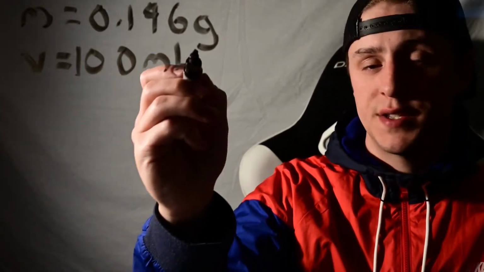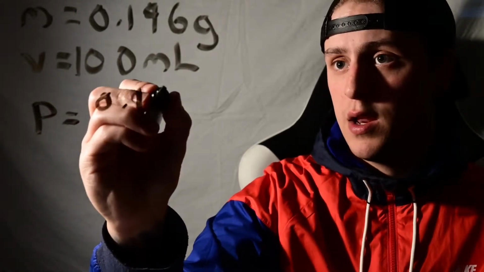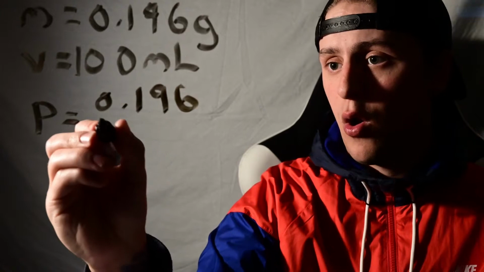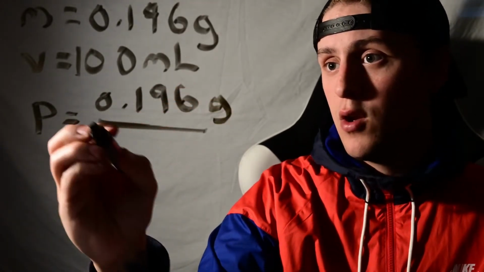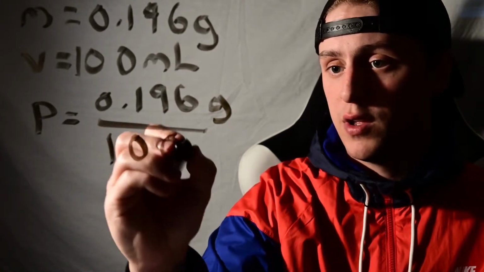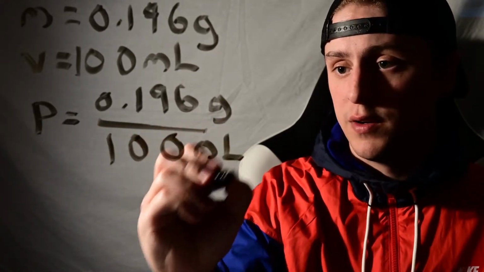Alright, so now that we know our formula for density, let's put it into action. So, we have our mass here of 0.196 grams, and we have our volume of 100 milliliters. So then what we're going to do is take our formula of P equals the mass over volume, so 0.196 grams over 100 milliliters.